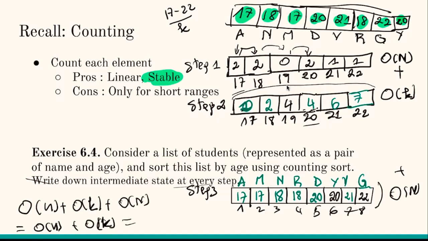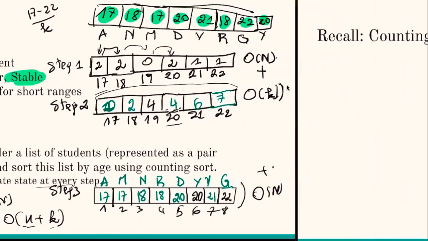And finally, we can say this is big O of N plus K. Does that make sense? These operations are independent. There are 3 separated loops, okay? But one loop depends on K. That's why we have big O of N plus K. Does that make sense for everybody?